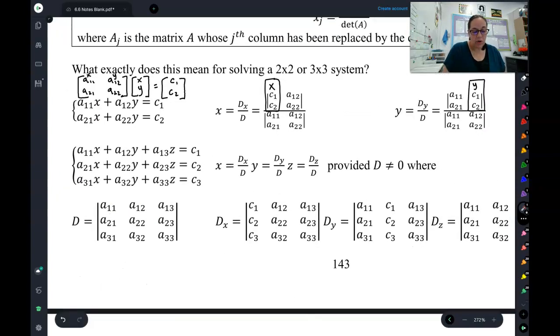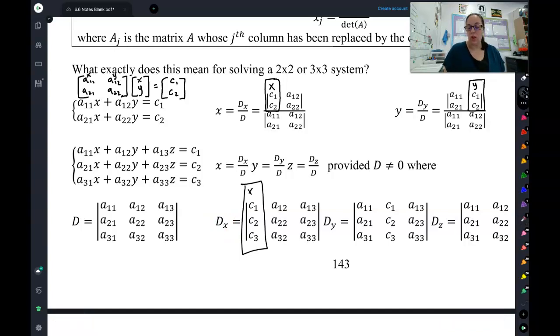And it even works with bigger systems, a 3 by 3. We have our coefficient matrix, variable matrix, and our constant matrix. To solve for x, we replace the x column with the constant matrix, leave the rest of it alone.